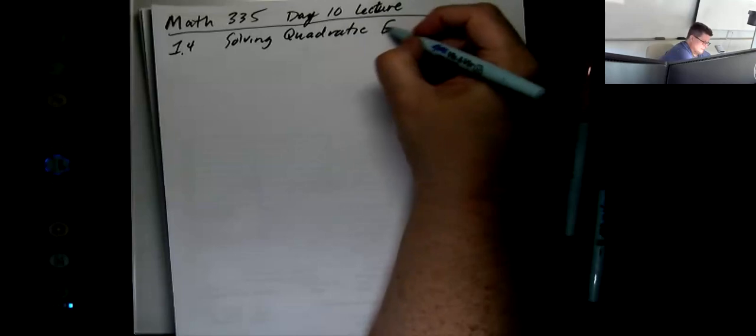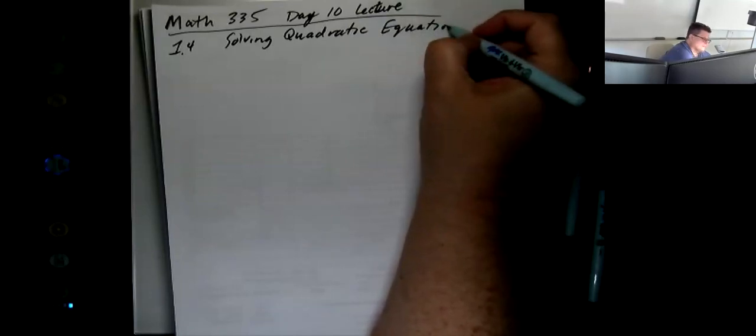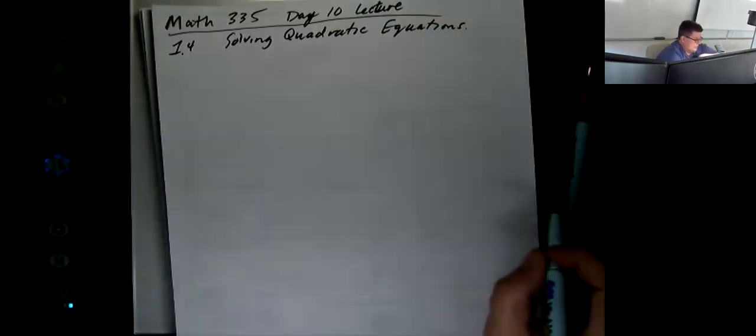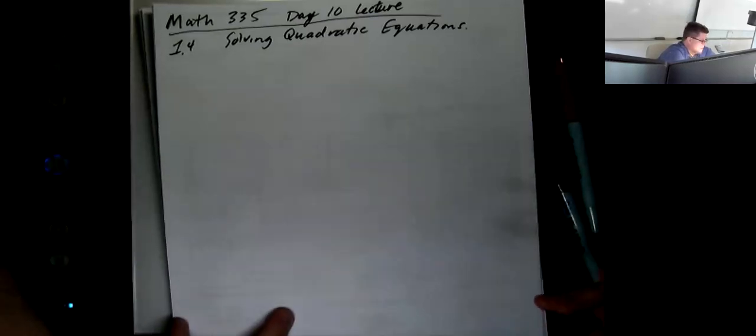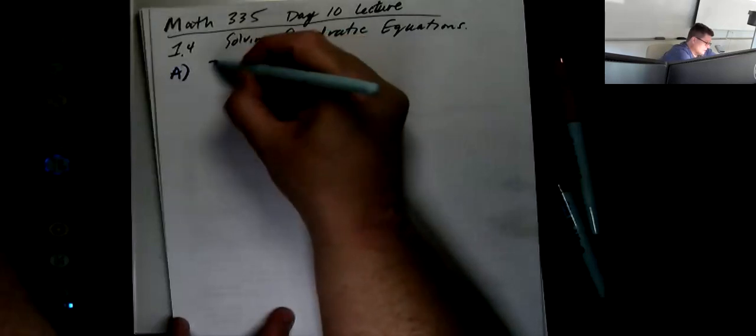So in 1.4, you were looking at solving quadratic equations. And we had a couple approaches that we could use. Probably the easiest one was the zero product rule.